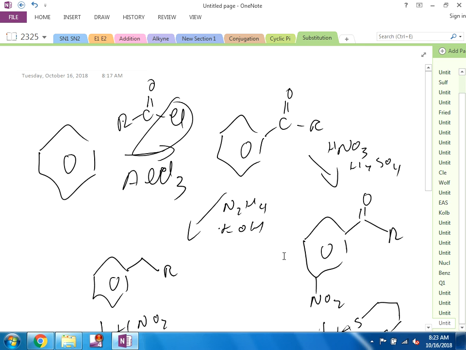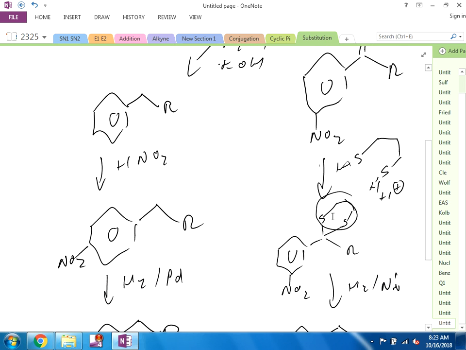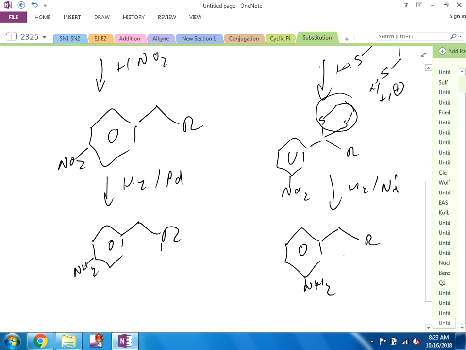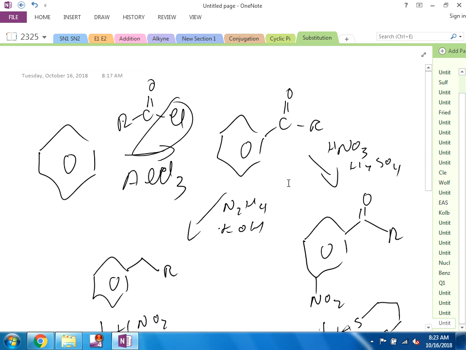So I went down this road right here, and that's how I got to this compound on the lower right-hand side. In the other method, I took the carbonyl compound and reduced it to convert it over to an ortho-para director. That's the left route.